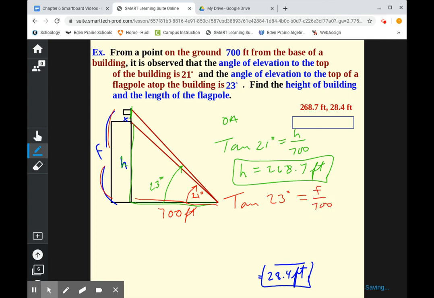Again, solve that for F. If you throw that in your calculator, multiply both sides by 700, F comes out to be 297.1 feet. Now, that's not what the question was asking, but now if I take those 297.1 minus 268.7, that will be the height of the flagpole to be 228.4 feet.